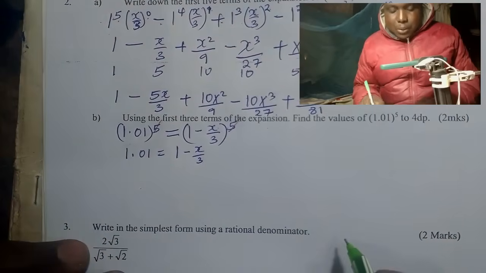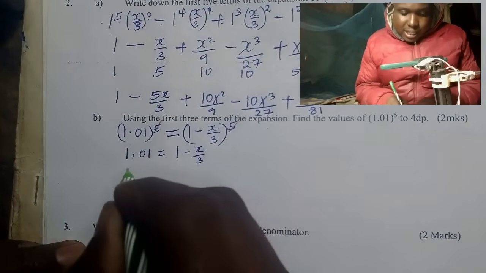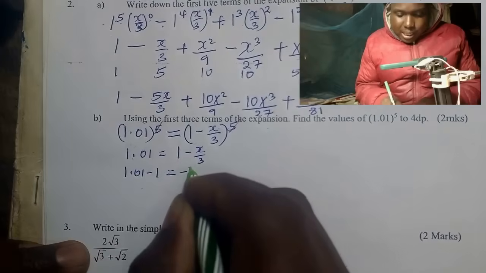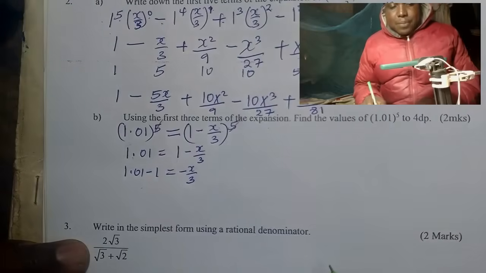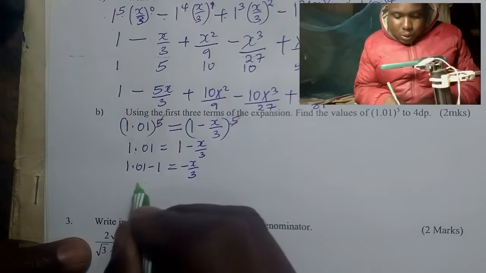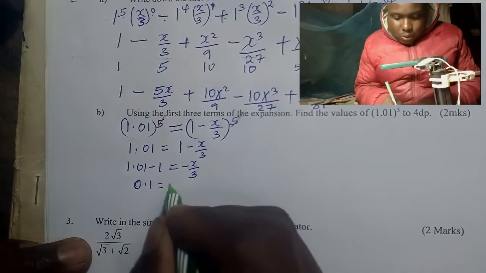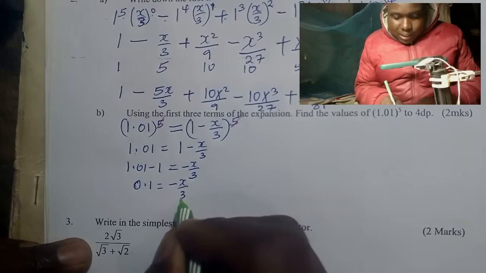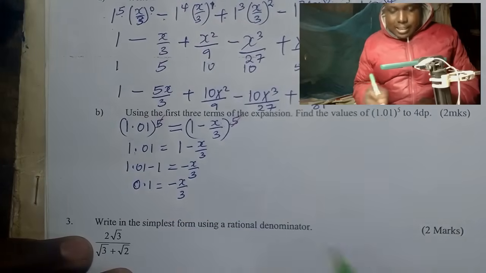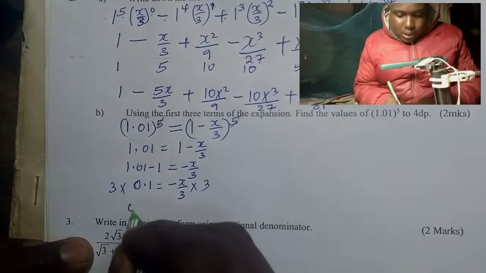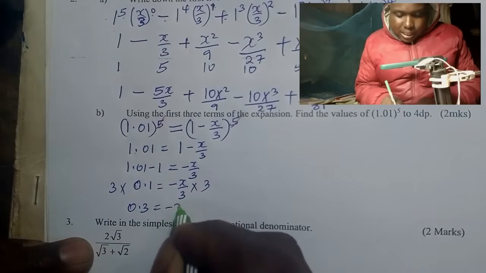Then bring like terms together. Bring 1 this side. So 1.01 minus 1 is equal to minus x over 3. So 0.01 is equal to negative x over 3. We want x, so we multiply by 3. So 0.03 is equal to negative x.